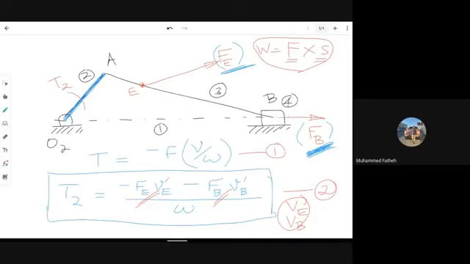Okay, I hope that is understood. So the equation 2 has now become minus Fe into V dash E minus Fb into V dash B whole divided by omega. I hope this is understood by everyone.